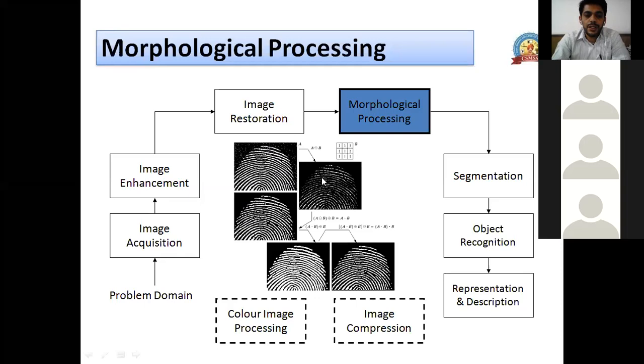To remove this noise, all these morphological operations are adopted. We will also look into the different morphological operations. Here you can see there are some mathematical equations involved, and here also. These are morphological operations, and we will look into their detail when we come to that part of the syllabus.